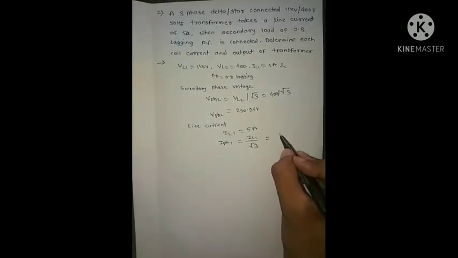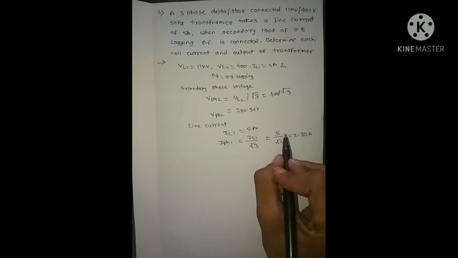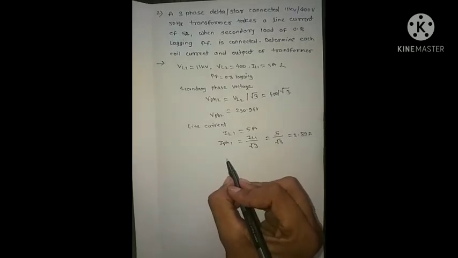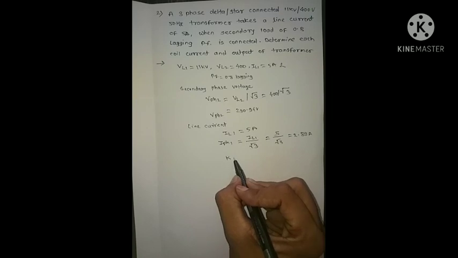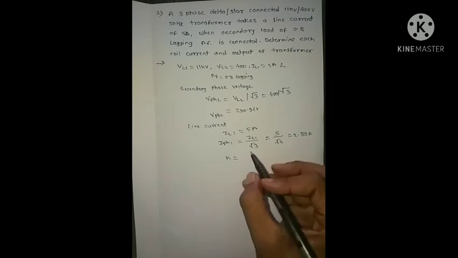By putting all the values, we will get 5 upon root 3 equals to 2.89 ampere.